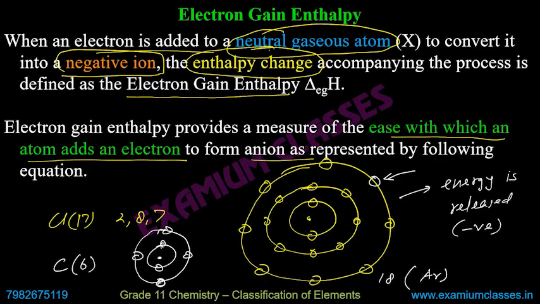The problem is that because it is not achieving noble gas configuration, it is not willing to gain 1 electron. It means we will have to provide energy to it. If we want to ensure that carbon gains an electron, we will have to force the electron into it. So that means we have to provide the energy. So in this case, electron gain enthalpy will be positive.